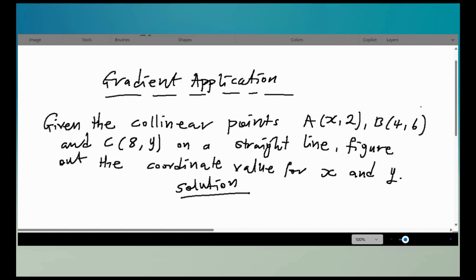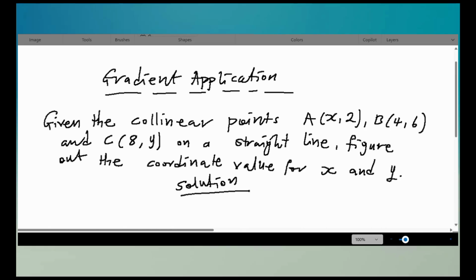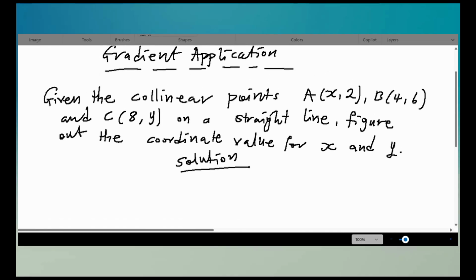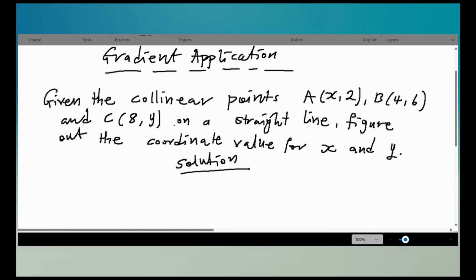These points are said to be on a straight line, and we can apply the definition of the gradient in determining the unknown coordinates.